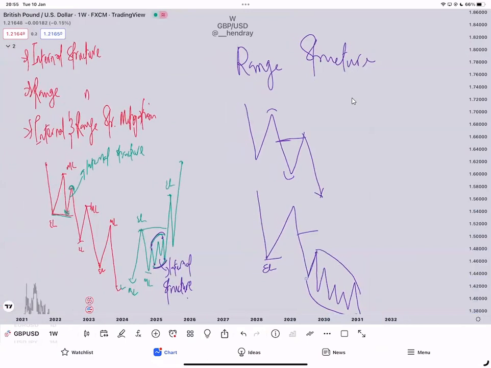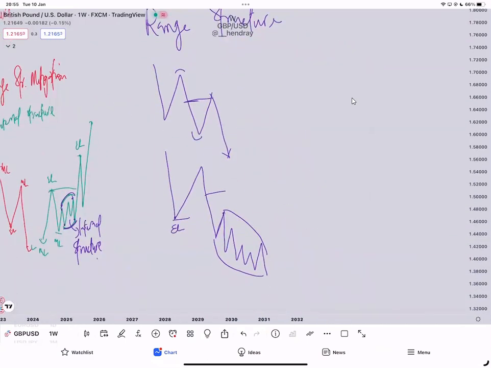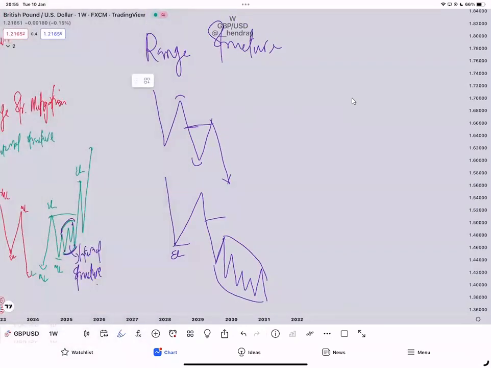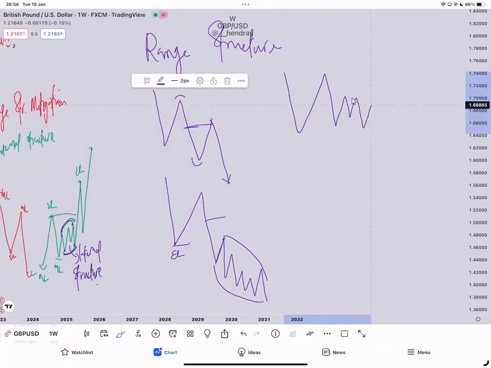Let me combine range structure and internal structure in a single example so that we can have a glimpse. Let's say we have something like this. You have your internal structure, and price breaks out of external liquidity. Then you have this. This right here is your external liquidity, EL, broken to the downside.